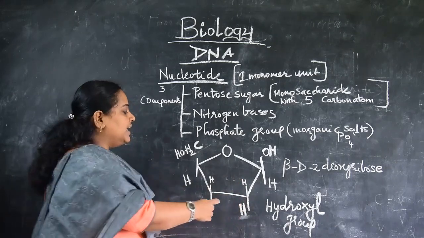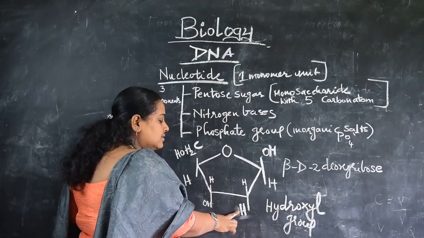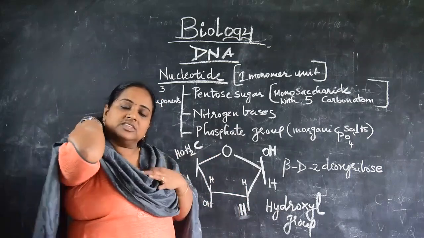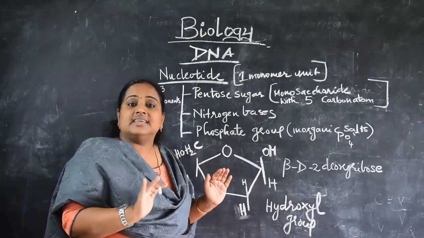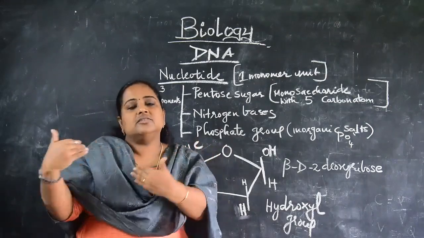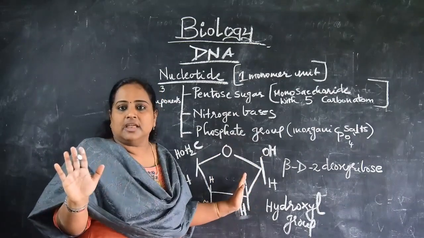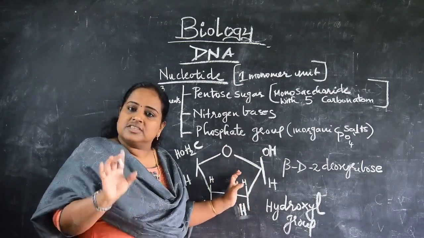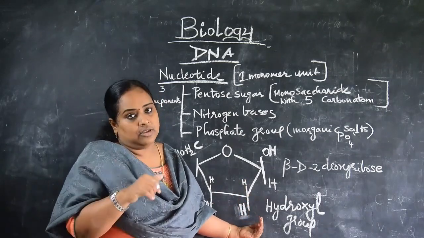Whereas in RNA you will have one OH also here, but here it is only H. The oxygen O is removed here. So that is why we say deoxy, oxygen-removed ribose sugar.